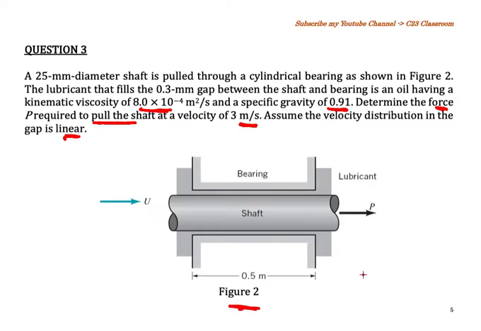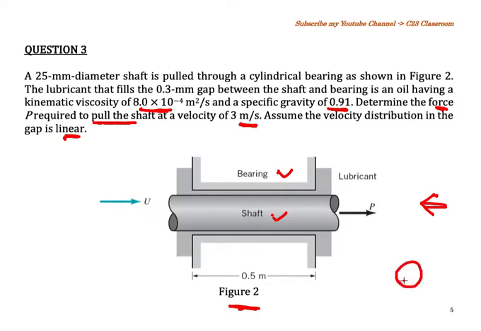So in this situation, we have a bearing and we have a shaft here. I hope you could imagine the mechanism of this thing. If we want to draw the side view, you need to draw something like this.